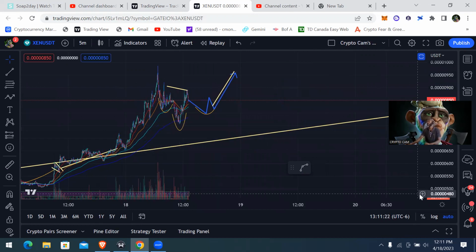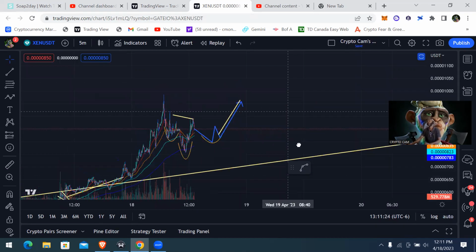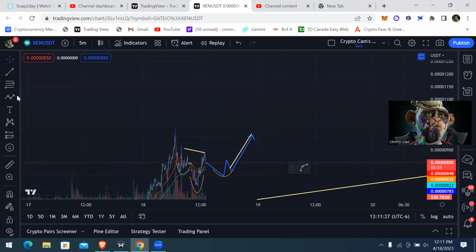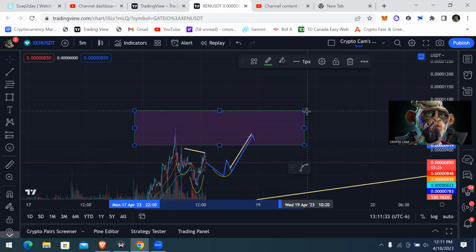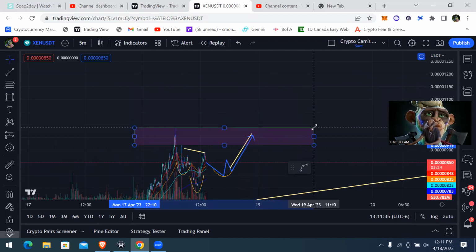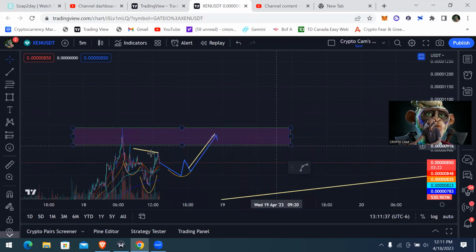Keep in mind though, for all my day traders, once price gets here, this is where it's going to basically start to stall, because this is where it's going to have resistance, right? So you're looking for Xen to break this zone, and if it breaks this zone, then you can expect it to come back, test support, and then move higher.